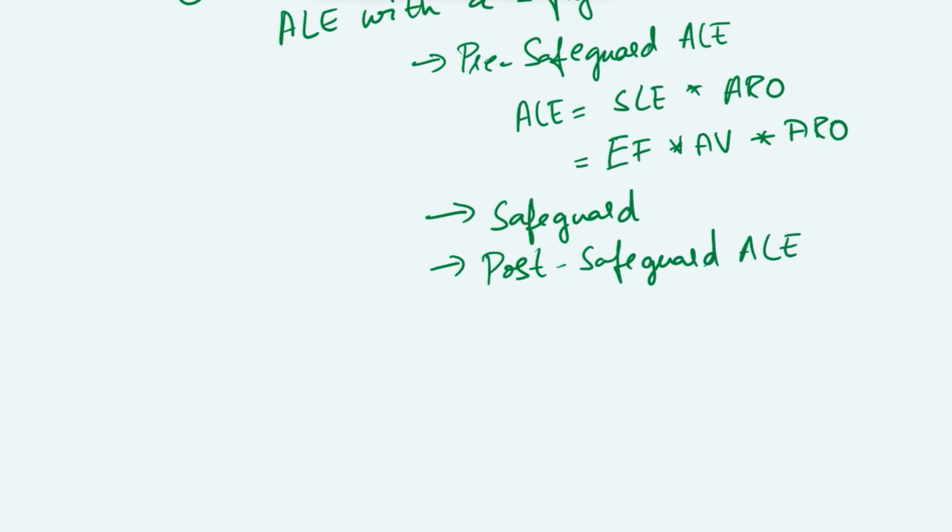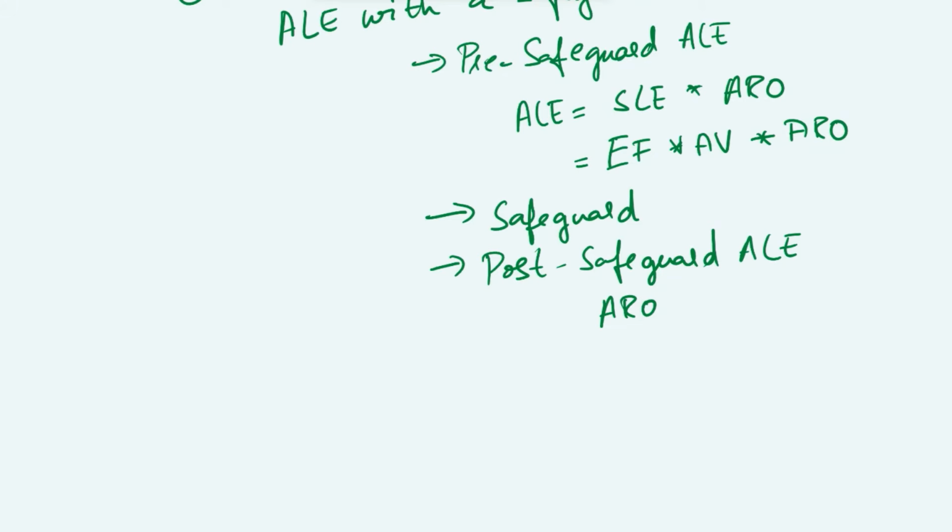So after applying the safeguard, recalculate the ARO, that is annualized rate of occurrence, and any necessary changes to the exposure factor specific to the safeguarded asset. So once we have the new ARO, and if there is a new EF, calculate the new ALE, annualized loss expectancy, for that asset, considering the reduced ARO and possibly modified EF resulting from the safeguard's implementation.